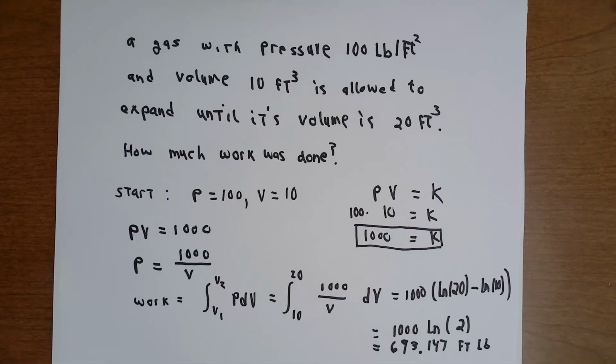Natural log of 20 minus natural log of 10 is the natural log of 20 over 10, natural log of 2. Multiply that by 1,000. The amount of work done is 693.147 foot-pounds. There are a number of variations on a theme that we could look at, but I think this is enough to get the point across.